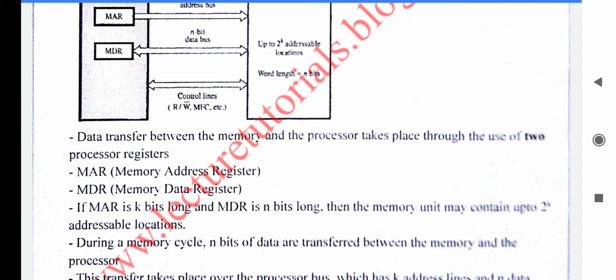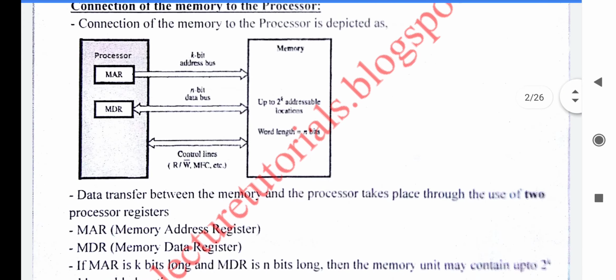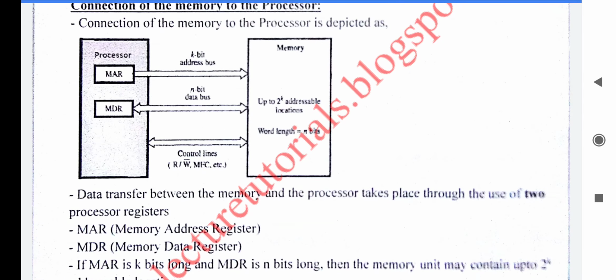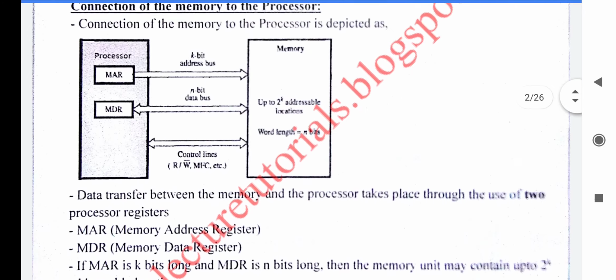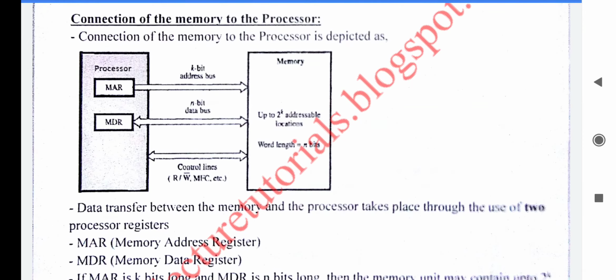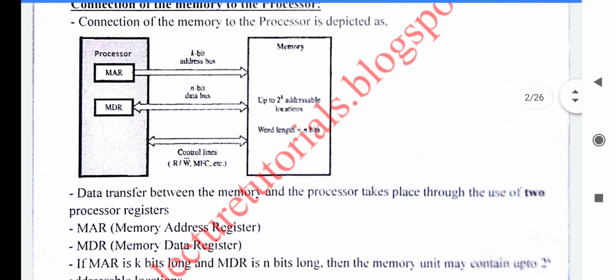During a memory cycle, n bits of data are transferred between the memory and the processor. These two registers are used to communicate between processor and memory. If you observe, MAR is one way and MDR is bidirectional, and control lines are also bidirectional.